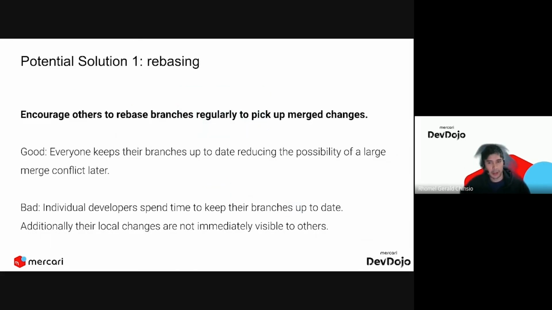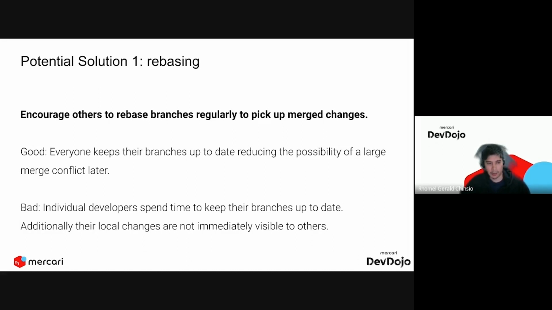So here's one idea of how to solve this. We commonly use Git source control. And one feature in Git is called rebasing. So you can take any change and rebase it on top of another branch. And you can regularly do this to pick up the changes as much as you'd like.